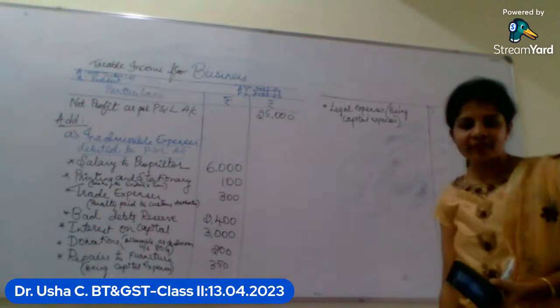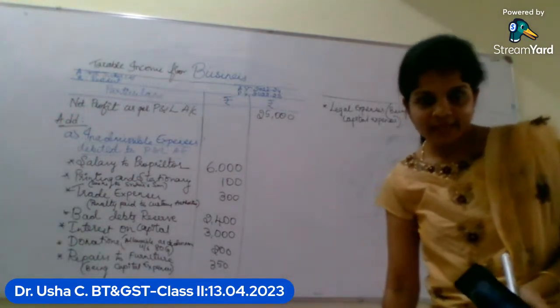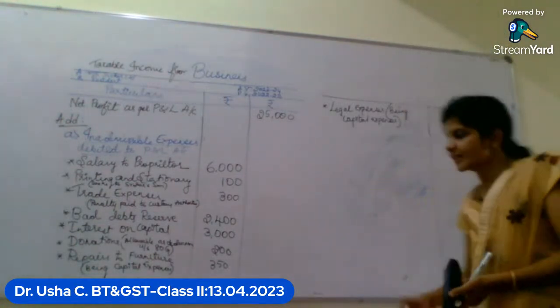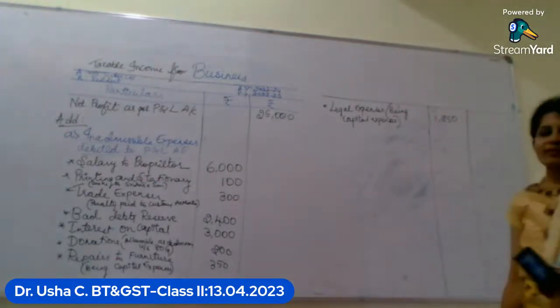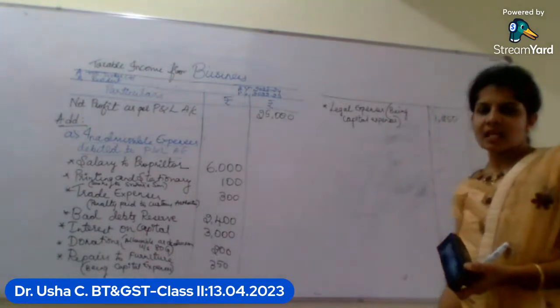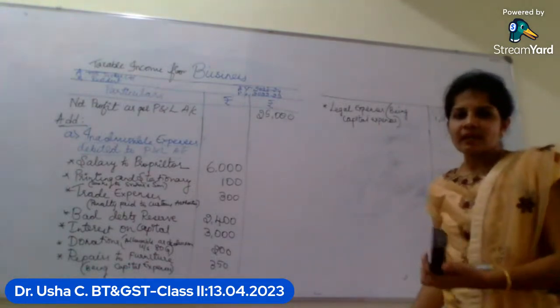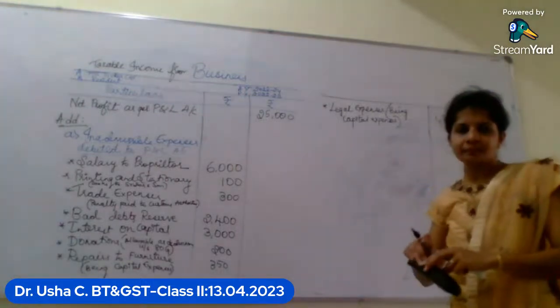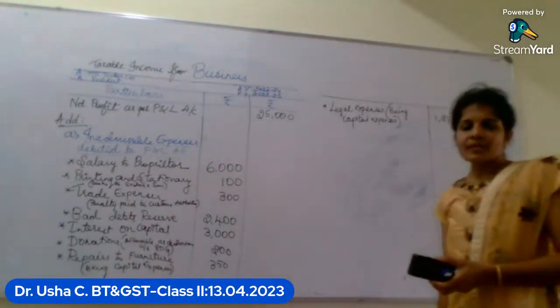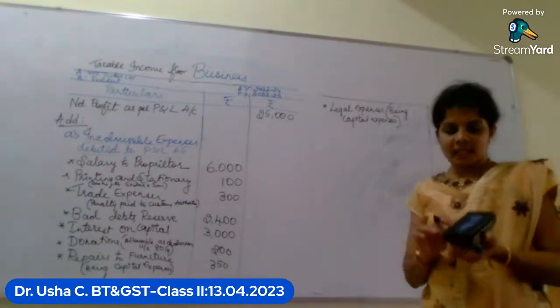What is the amount of legal expenses? Look into the left side of the problem, 1,250, right? 1,250 rupees of legal expenses. It is inadmissible, so it is added back to the profit. Next is puja expenses. Of course, puja expenses is allowable.